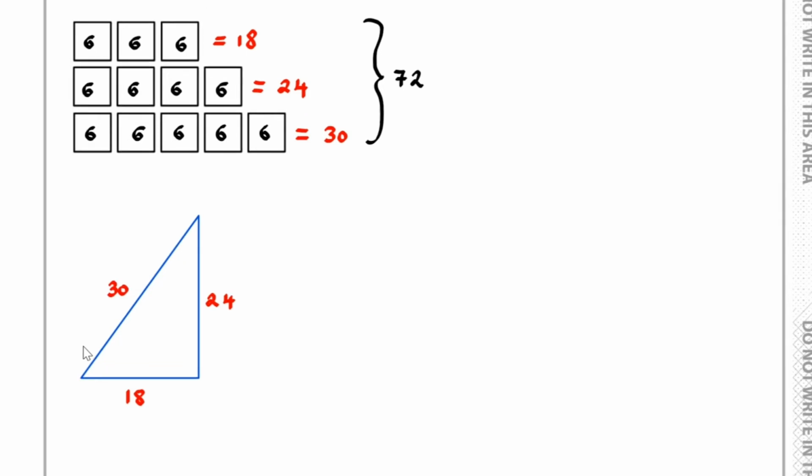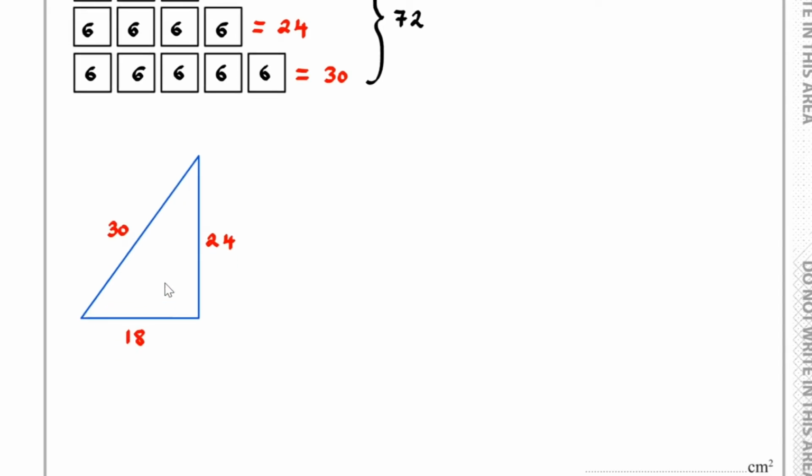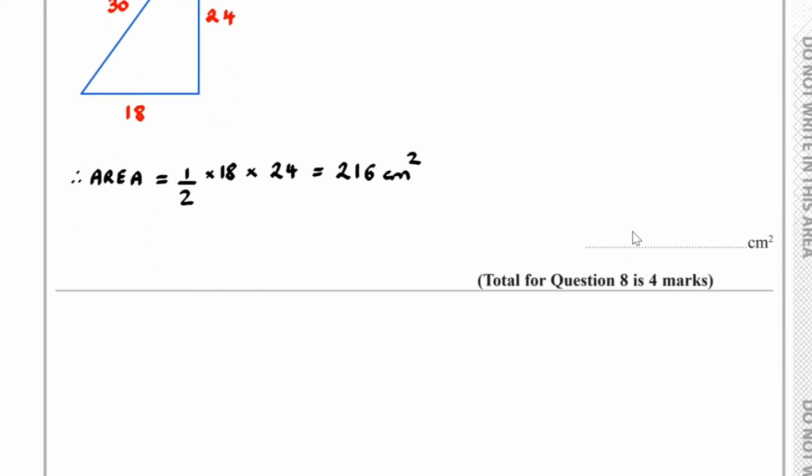And so what we can see here then is, to work out the area, we have 1/2 times by the base, which is 18, times by the height, 24. It turns out the area is 216 centimeters squared.